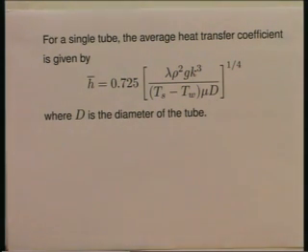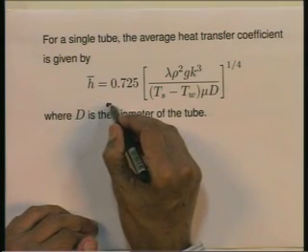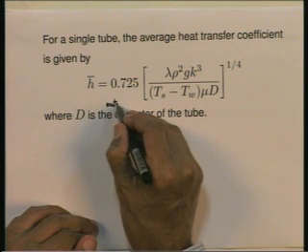All right. If you look at this formula, let me write that capital D is the outer diameter of the tube.